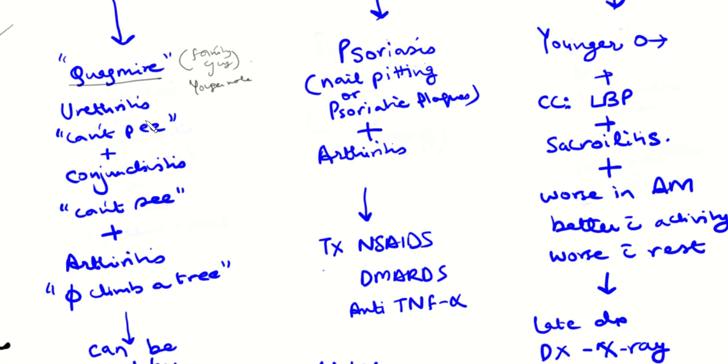And essentially, they have three things: can't pee, can't see, cannot climb a tree. They have urethritis, conjunctivitis, and arthritis. Can't pee, can't see, can't climb a tree. If you got these three, the question is trying to see if you know what reactive arthritis is. And you've got acute monoarticular arthritis. This is what you have.